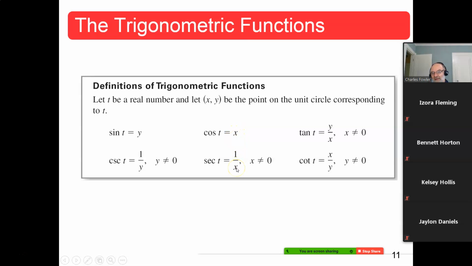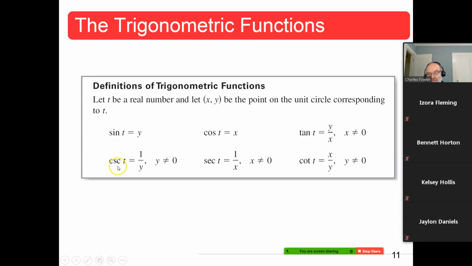This would be 1 over x. But then again, x can't be 0, just like it couldn't here. So secant and tangent, you'll find later, have a very special relationship, even though they're not really connected in any other way, except the fact they're disconnected at the same place. They can't be defined when theta or t equals pi halves or 3 halves pi.